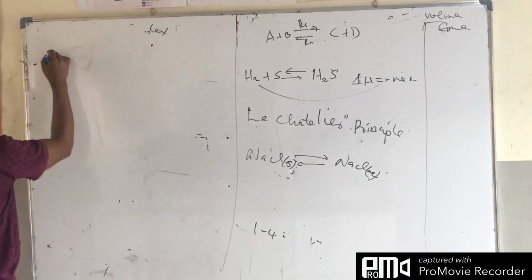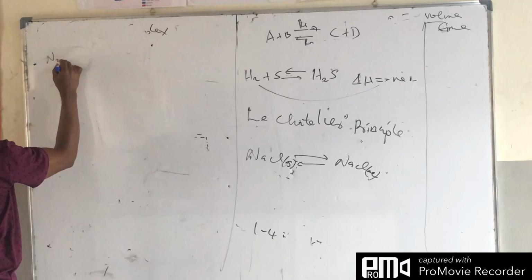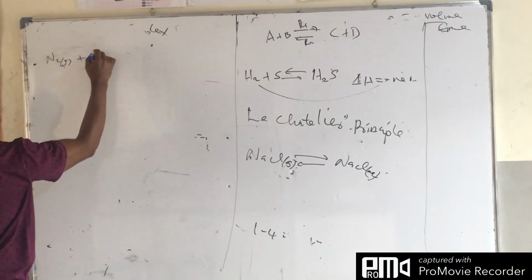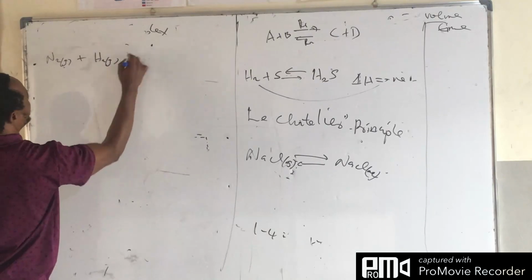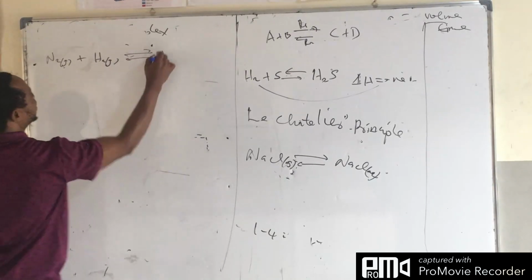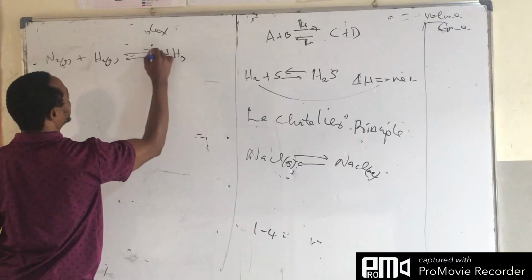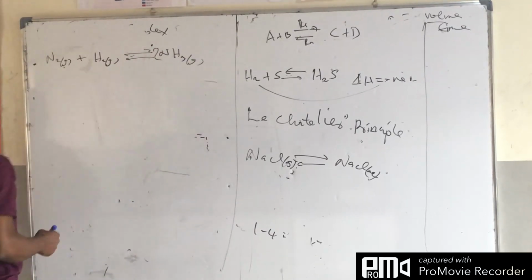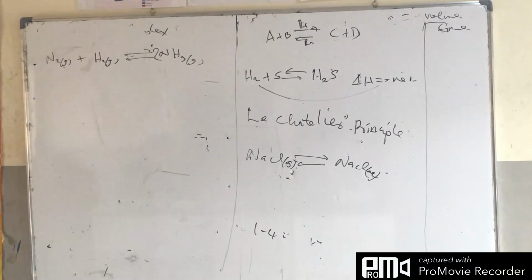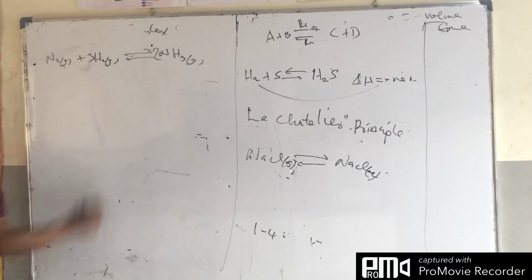For example, I have nitrogen gas plus hydrogen gas, then giving us ammonia gas. Now, you are asked, what is the effect of pressure on this reaction? Number one, I say there must be all gaseous.